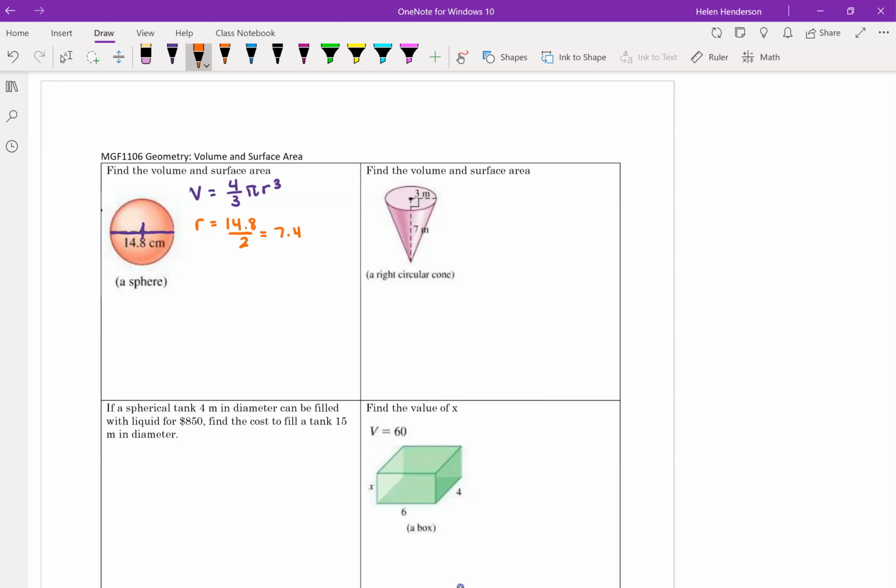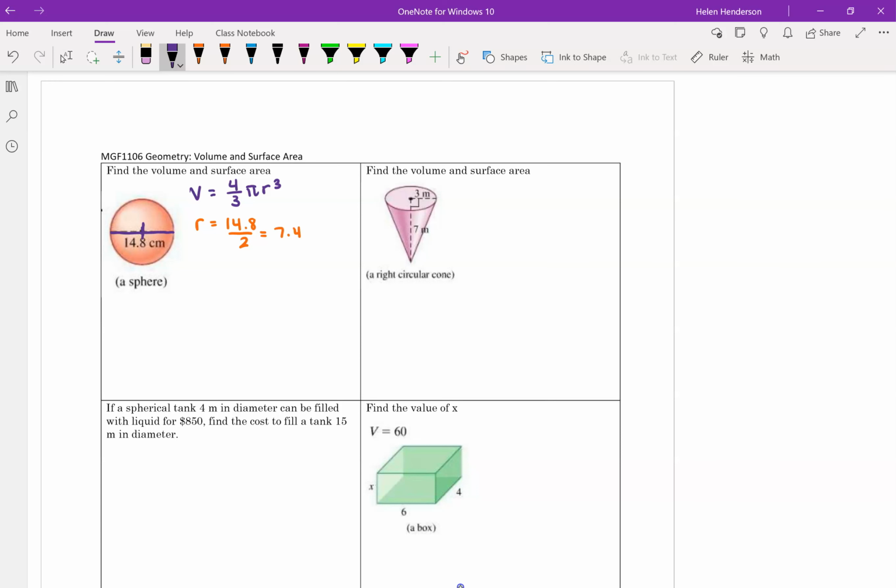So that's my r. Now in this one, it does not say to change pi to 3.14, and it doesn't say to round your answer. What we do here, if there's no rule in the directions of how to handle pi, is we leave it just looking like a pi.